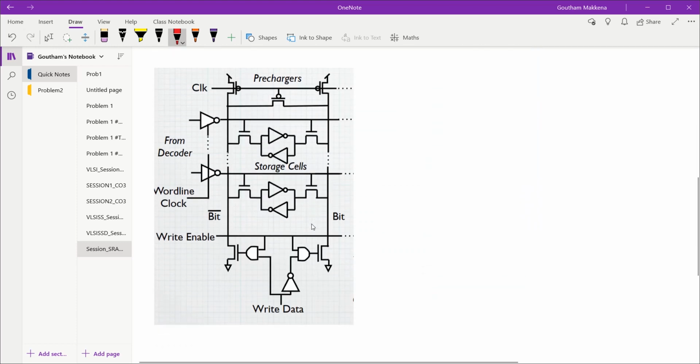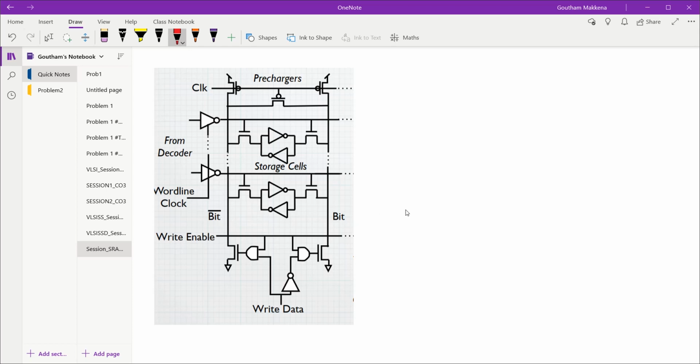This is the same thing, but instead of having the sense amplifiers over here, I have the write drivers over here. Of course there will be a sense amplifier above it, but I have removed it so that we can understand this write operation in isolation.